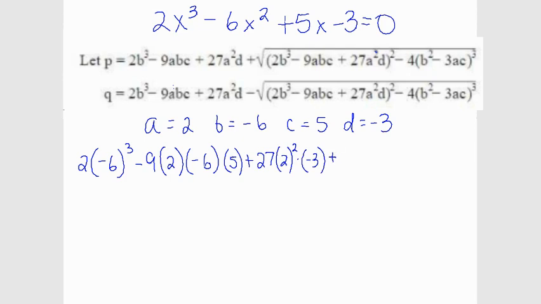And then I'm just going to put plus or minus here, so I'm calculating both of them at the same time.